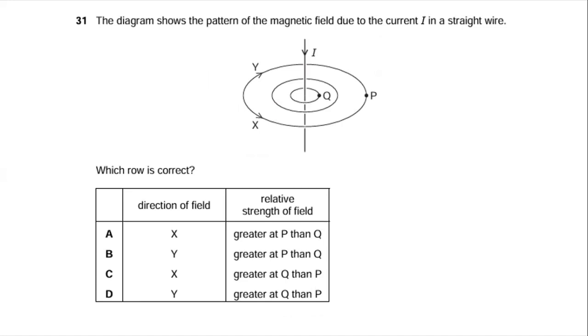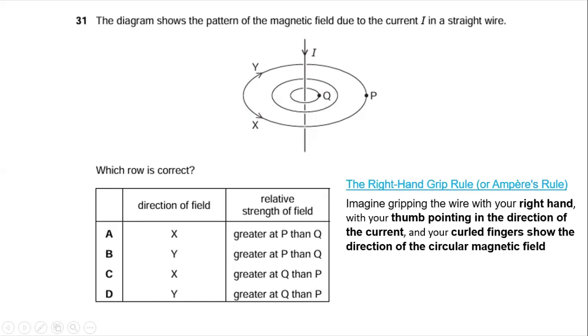The diagram shows the pattern of the magnetic field due to the current I in a straight wire. Which row is correct? So we will see here. We are using the right hand grip rule.